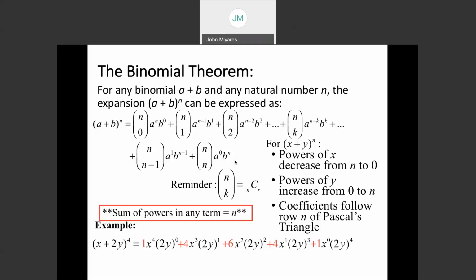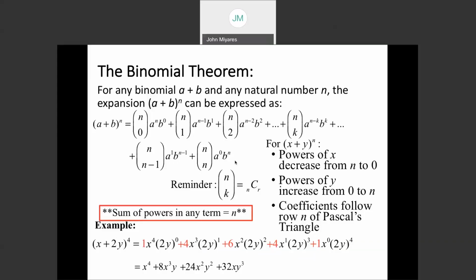Now we need to simplify the expression. Anything to the 0 power is 1, so the first term simplifies to just plain old x to the fourth. The second term, you've got a 4x cubed multiplied by 2y, which will give you 8x cubed y. In the third term, the coefficients are 6 times 2 squared, which is 6 times 4, or 24. The variables are going to be x squared and y squared.